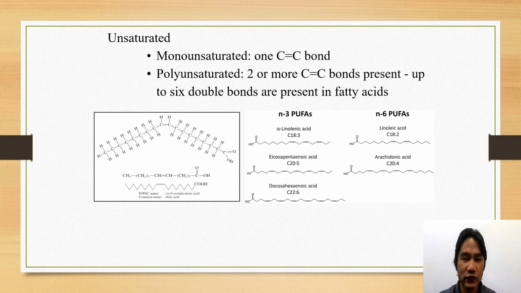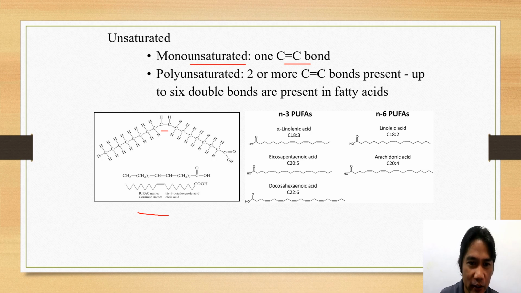Unsaturated fatty acids have carbons with double bonds. A monounsaturated fatty acid has one carbon to carbon double bond, and polyunsaturated fatty acids have 2 or more carbon double bonds. Here, in this picture, there's only one carbon to carbon double bond.